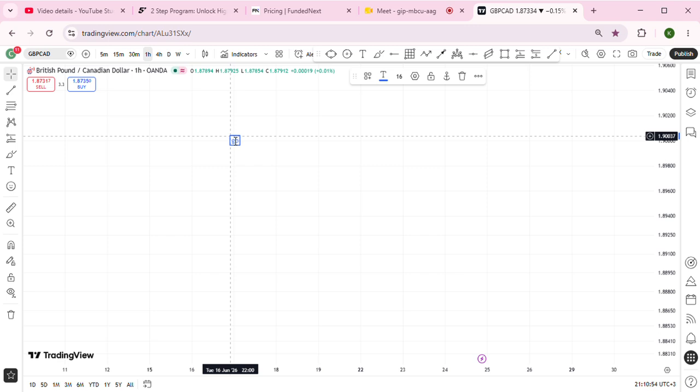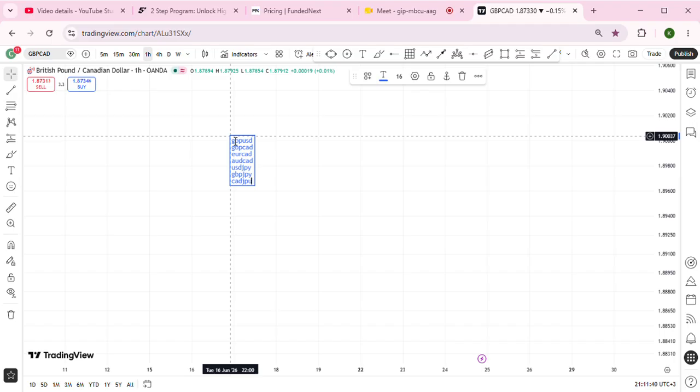So we said the first one was GBP USD, GBP CAD, Euro CAD, Audi CAD, USD JPY. The other one is GBP JPY. The other one is CAD JPY.